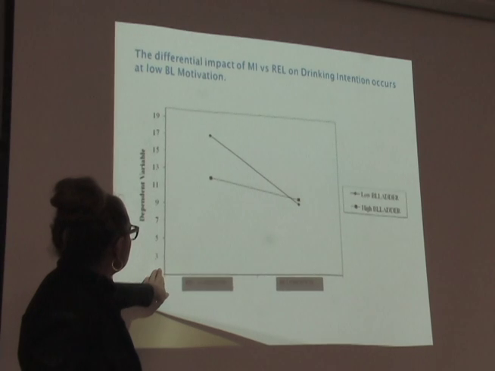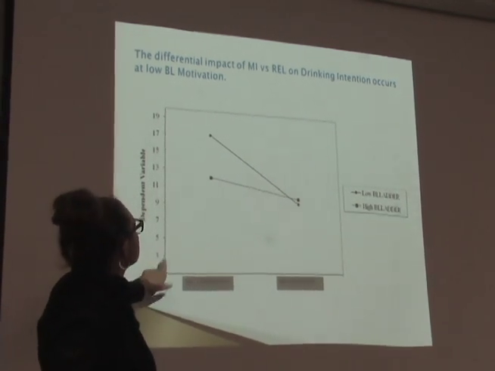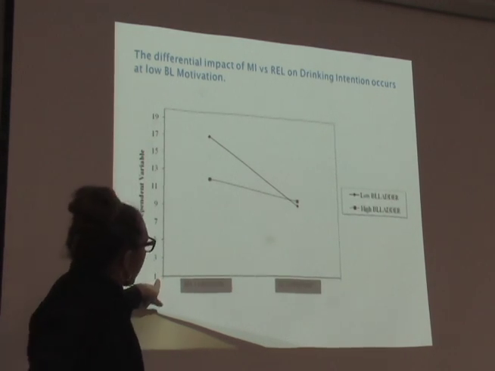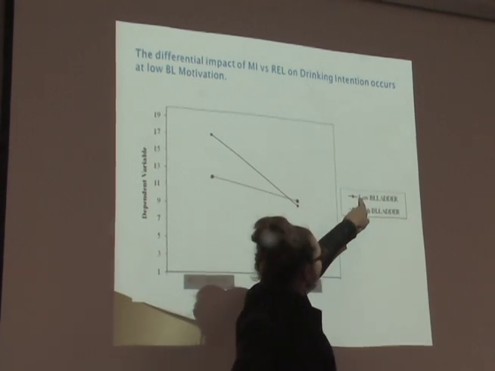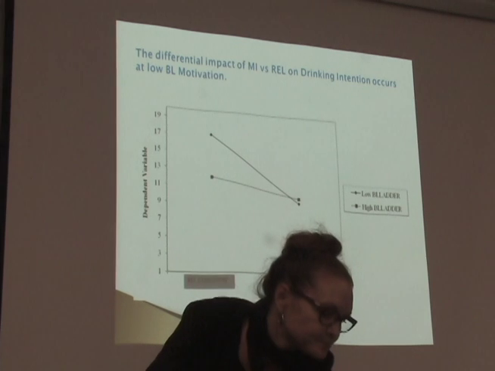So we have drinking, drinks per week. No, sorry. This is your intention score, okay? And the REL condition and the MI condition, low baseline ladder, high baseline ladder.